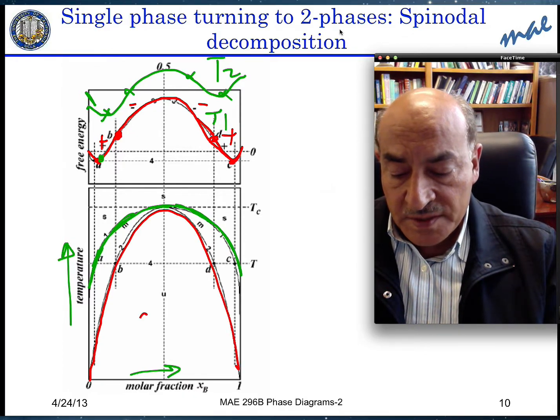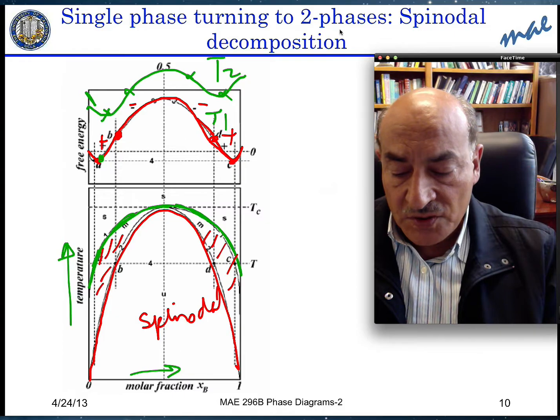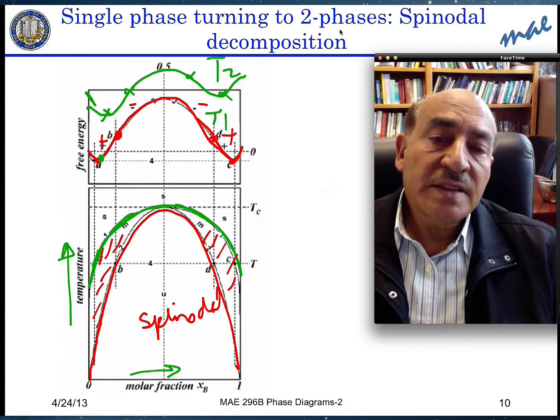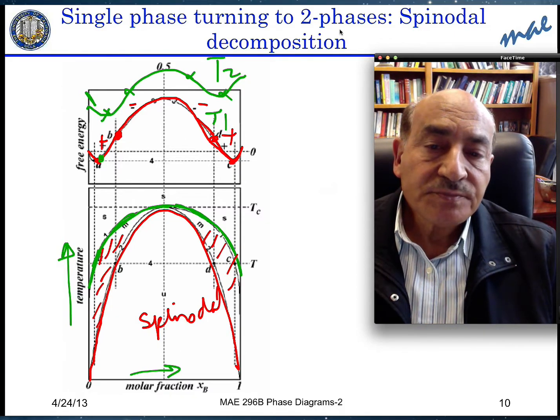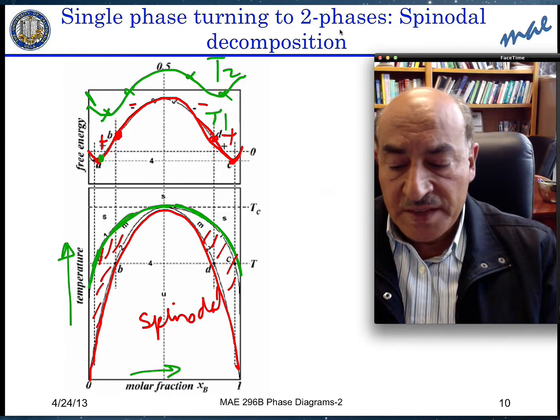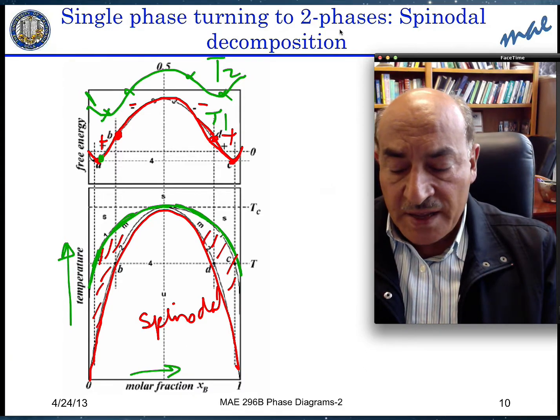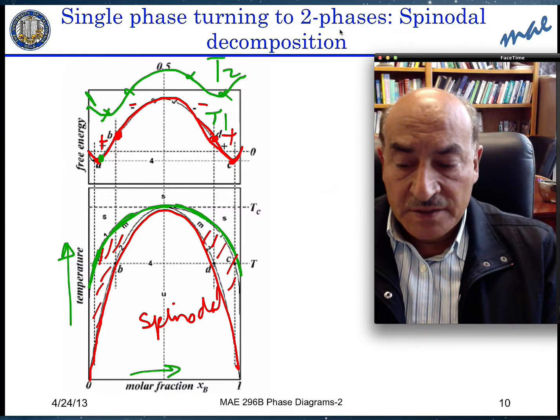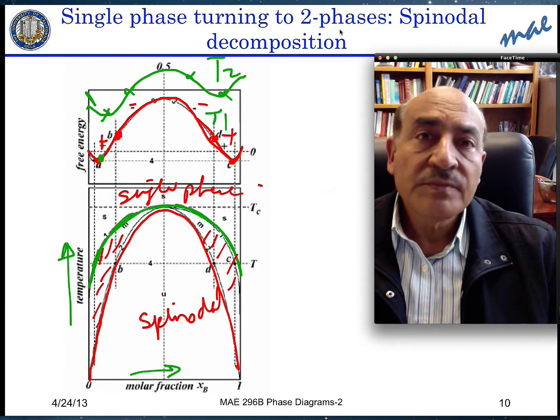So this is spinodal, and here fluctuations can also separate, but not a very strong separation between the different phases. And here we have a single phase in this regime.